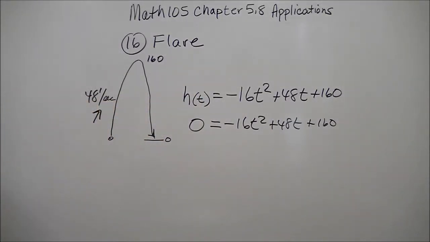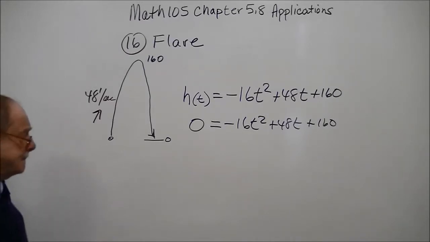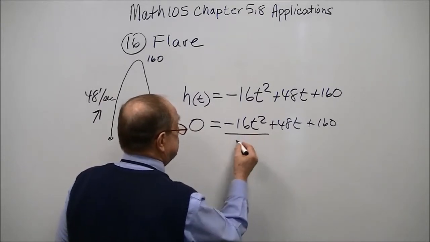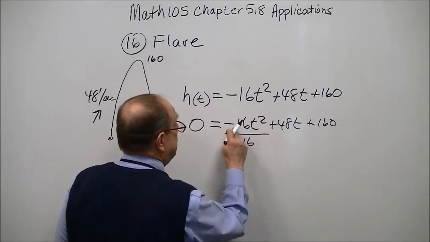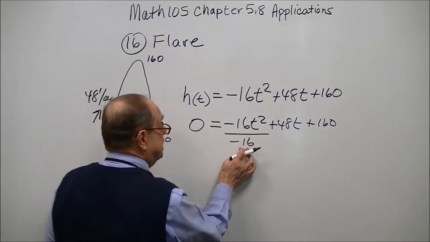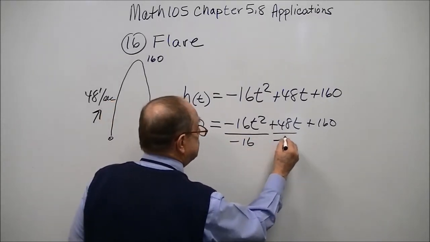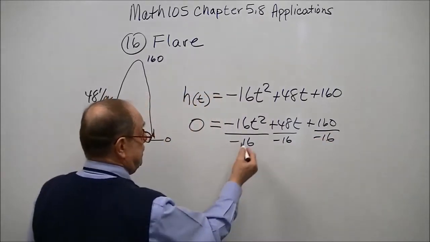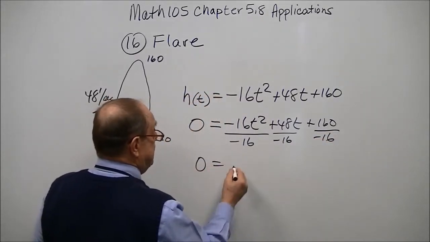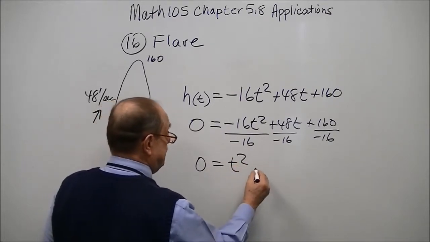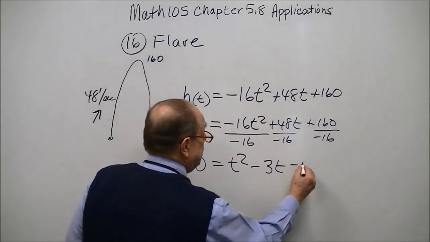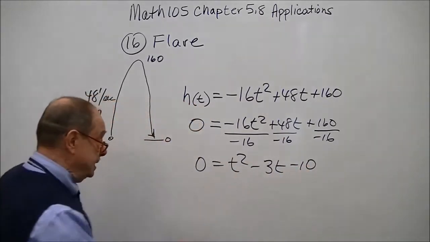Now we have a quadratic equation. How do we go about solving it? Well, I'm going to make it smaller because I see everything is divisible by 16. And to keep my first term positive, I'm going to divide everything by a negative 16. So this then just becomes t squared minus 3t minus 10. A lot easier to do.